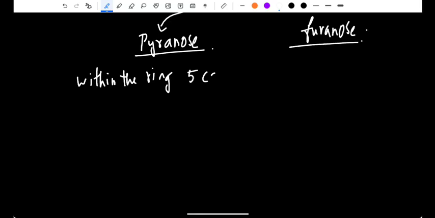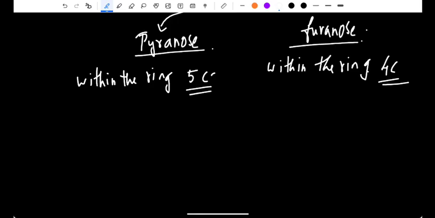Furanose means within the ring, how many will be present? 4 carbon will be present. So in pyranose, that means P for pentose, 5 carbon is present. Furanose 4, that is 4 carbon is present.